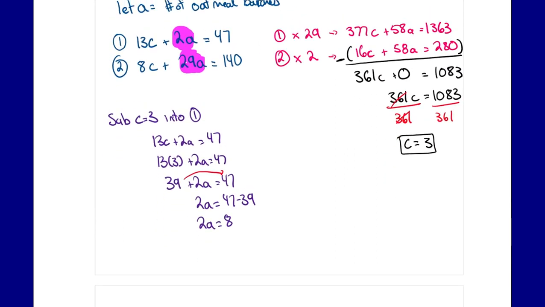One-step equation, we could just calculate in our head, or divide both sides by 2. One side cancels out, and we have a is equal to 4.